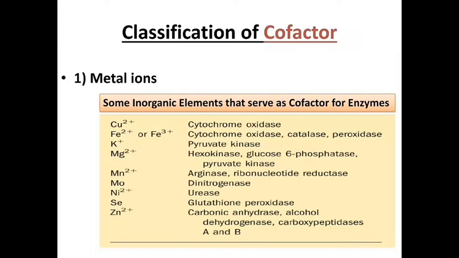Metal ions serve as cofactors for enzymes to catalyze reactions, such as cytochrome oxidase needing a Cu2+ ion, catalase needing an Fe2+ ion, urease needing a nickel ion, or glutathione peroxidase needing a selenium ion to complete the enzymatic reactions.